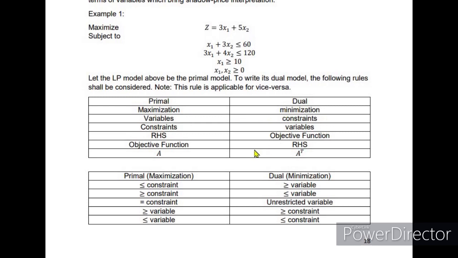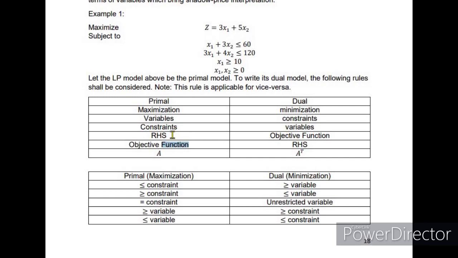If in the primal there are variables, the variables will become constraints in the dual. Vice versa, if in the primal it is a constraint, it will be a variable in the dual.